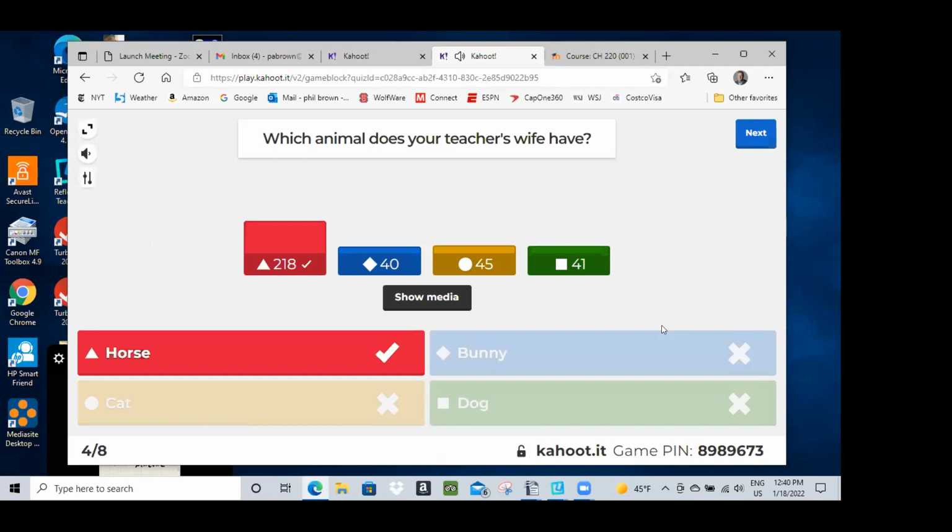Correct. She has a horse. We used to have cats and we used to have dogs, but the last dog we had died a few years ago and the last cat died last year. But through our whole lives, we've had cats and dogs, and we've always had horses too, but the cats and dogs are now in animal heaven. Okay.